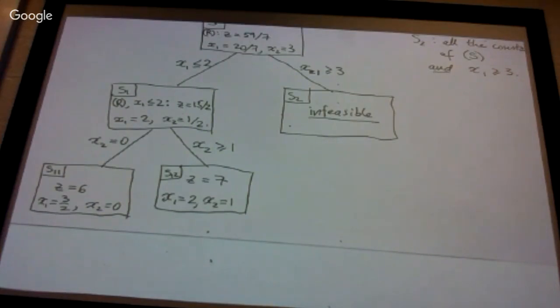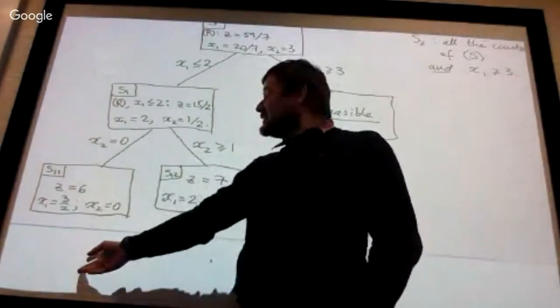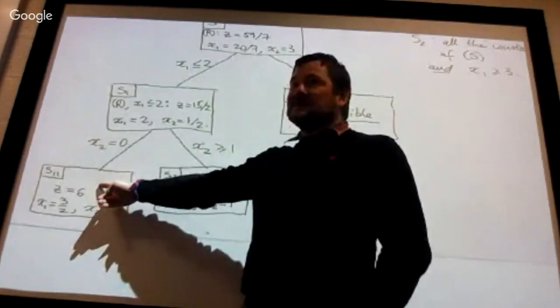Do you want to branch again? Why not? Because that value is only going to decrease if you go further? Exactly right. No matter what we would do here, we would always only get an objective that is no better than 6.